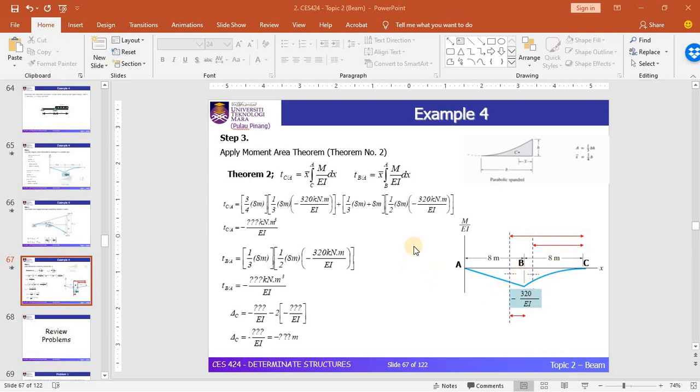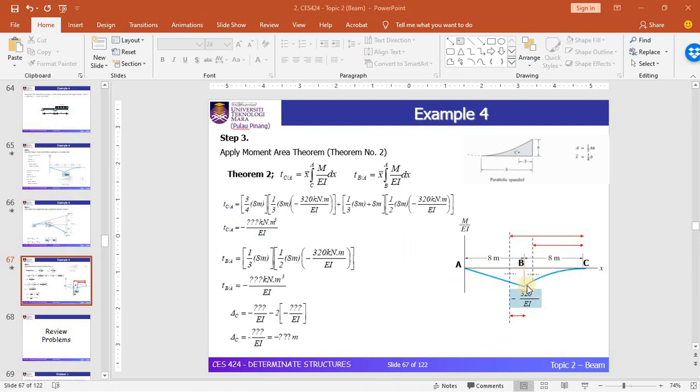Then find out the x bar for each shape. I have mentioned many times, the x bar you need to measure from the first alphabet of the expression towards the center of gravity of each shape.